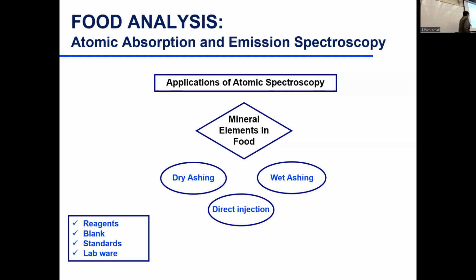So that's why it's very essential that all glassware has been washed for you, and you ran a blank. You took an empty crucible, ashed the crucible, and you did the same thing so that your blank contains all of the reagents that you've used in your sample, so you can correct for any potential contamination from the reagents or from anything that you have used.